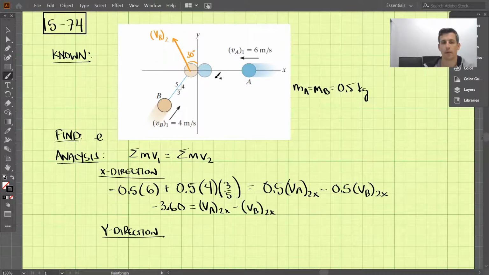So disk A does not have any initial velocity in the y direction, and since the impact is right along the x-axis, afterwards it's not going to have any y direction velocity either.